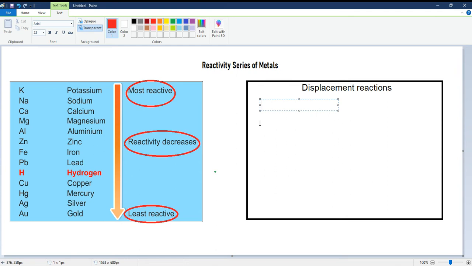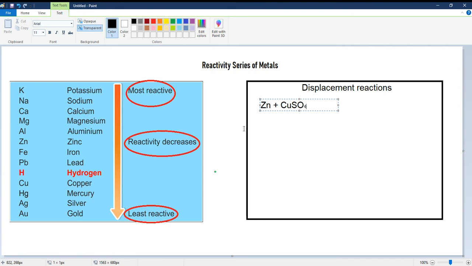Let's have Zn, zinc, plus copper sulfate, CuSO4.